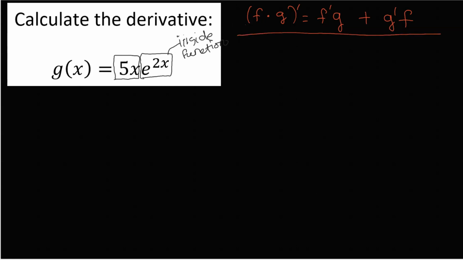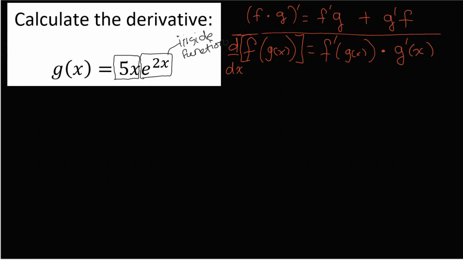Now, the chain rule says the derivative of a function f with an inside function g of x is going to be the derivative of f evaluated at g of x, that's the derivative of the outside function, multiplied by the derivative of g of x evaluated at x.